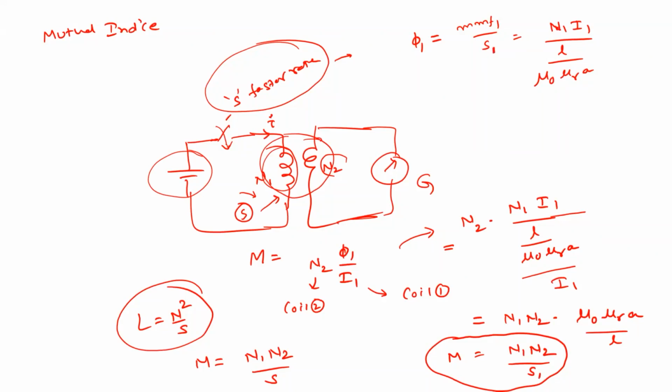This is interchanging: for example, if this coil is energizing, in that case it is N1, N2 by S2. That's all. This is clear?